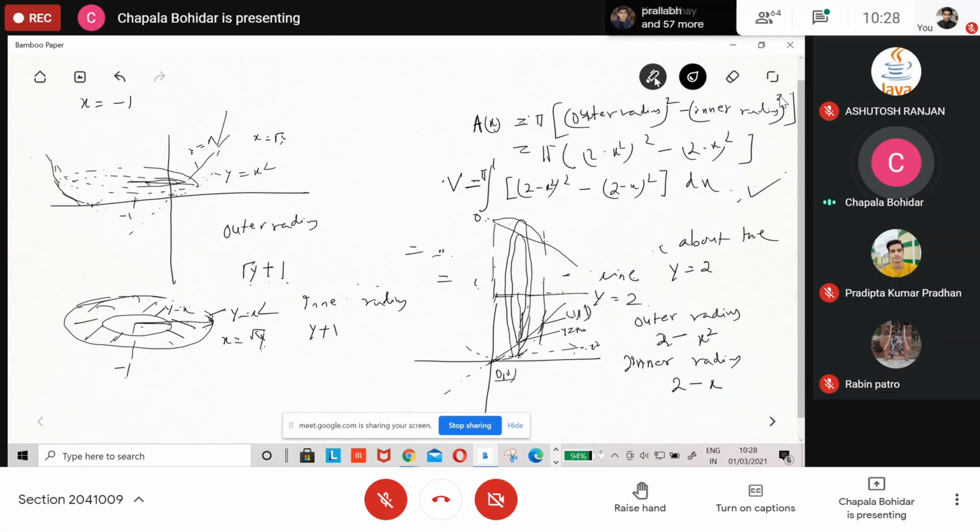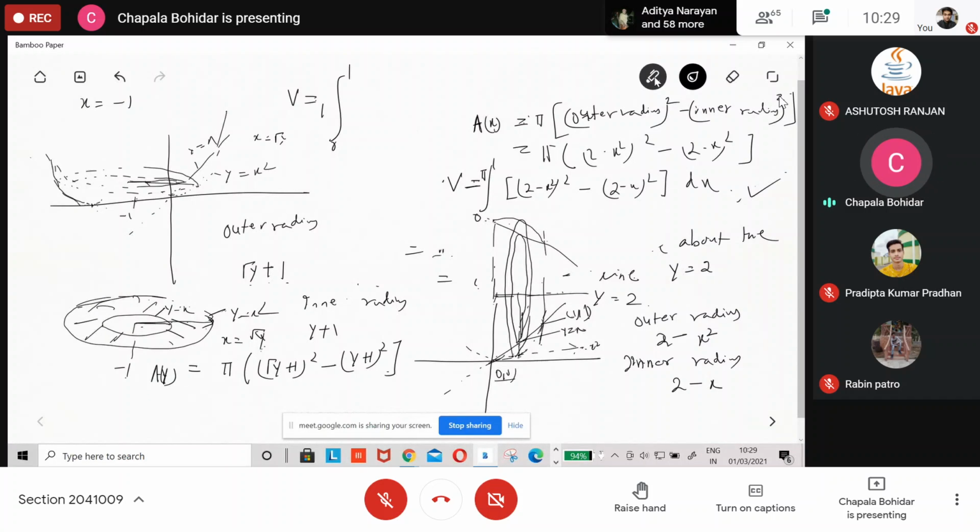So now we have to find the area in this way. A(y) is equal to pi into root y plus 1, the outer radius squared, minus y plus 1 squared. Now write the volume V is equal to the integration from 0 to 1, because our intersection points are 0, 0 and 1, 1.